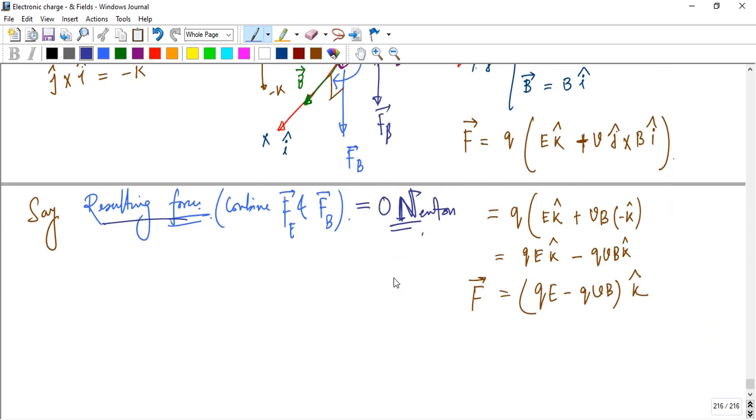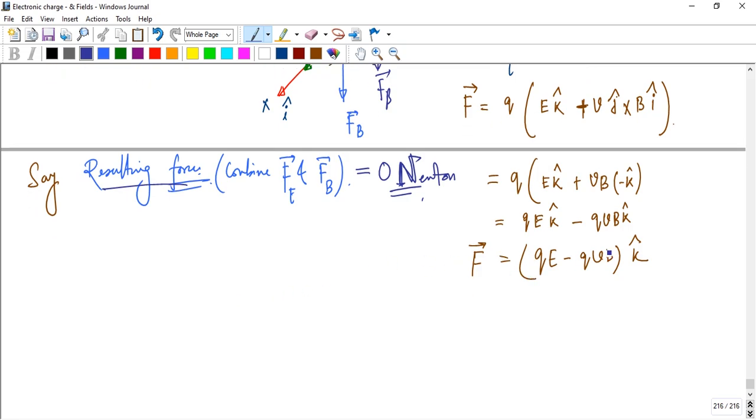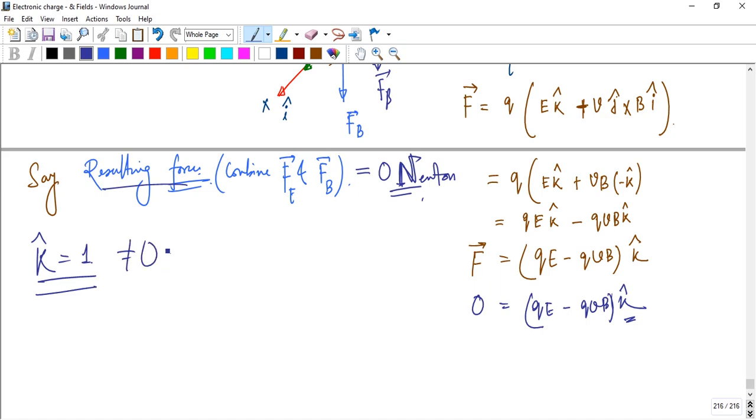Now 0 equals Q E minus Q V B times K, and the unit vector K cap is not equal to 0, because its magnitude is 1. So from the linear equation, Q E minus Q V B equals 0.